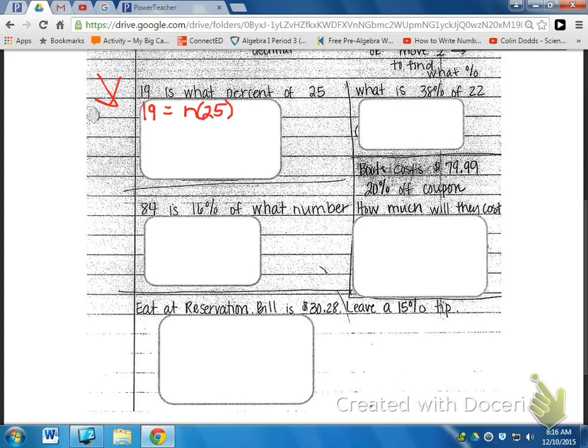So 19 equals n times 25. And how would we solve that, Trayton, for n? Divide both sides by 25. So this is what you'll show me while you're doing this. And this is where your calculator comes in, and you would actually do 19 divided by 25, not 25 divided by 19.